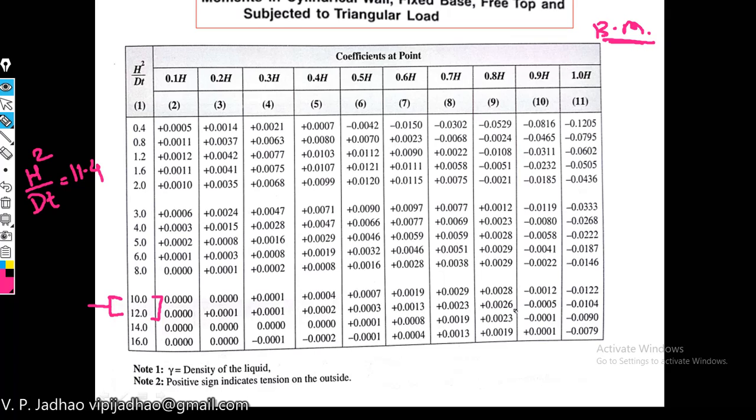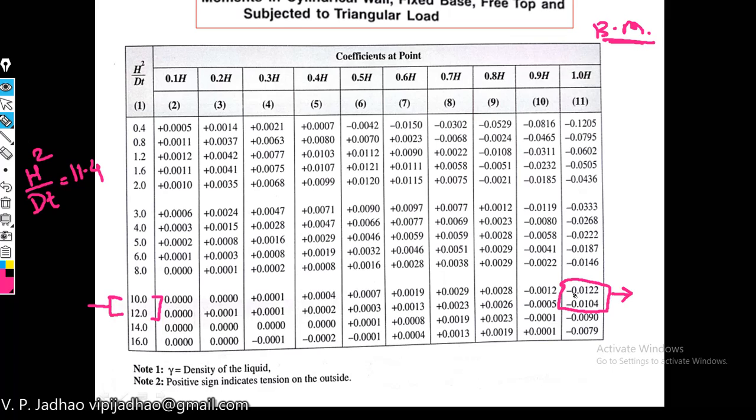You can see here the maximum values of coefficient are minus 0.0122 and minus 0.0104. So just interpolate using these two values for 10 and 12.